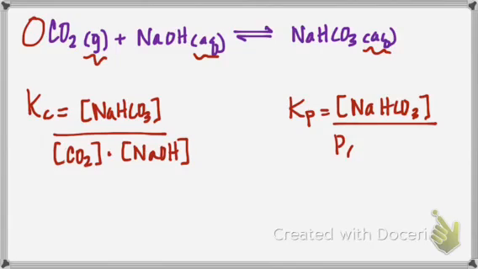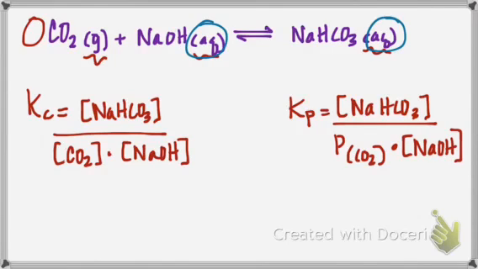So I'm going to put pressure there and CO2 and still multiply it by the concentration of NaOH. Now something that's important to notice here, and you've seen it before as well, is that in these two expressions, you've got your aqueous and then you've got your gas. It looks all the same with your Kc, but with your Kp it definitely does not.